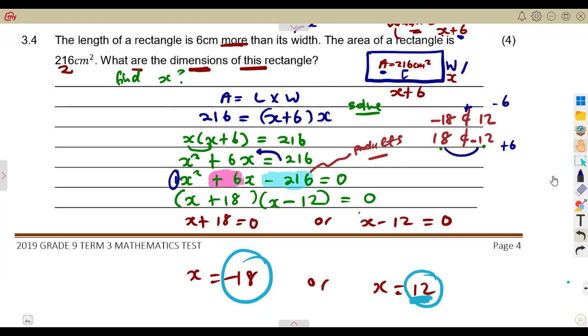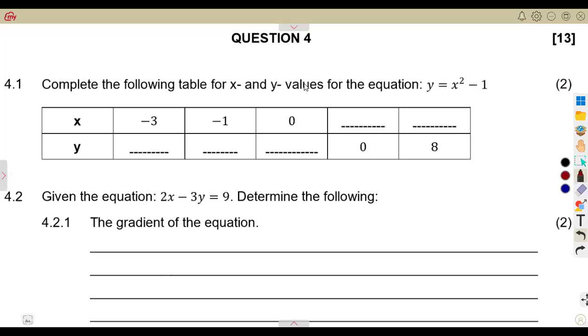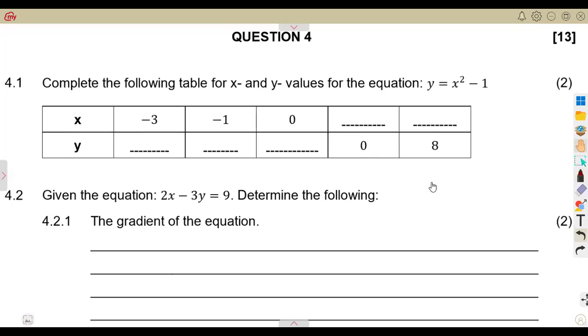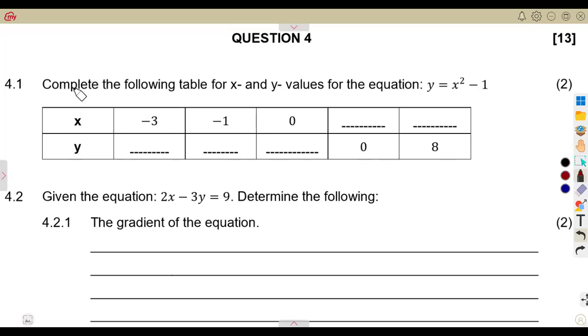All right, let's check the other parts that we are given. So if we check number 4, that is now to our graphs, we're given: complete the following table for x and y values for the equation y is equal to x squared minus 1.